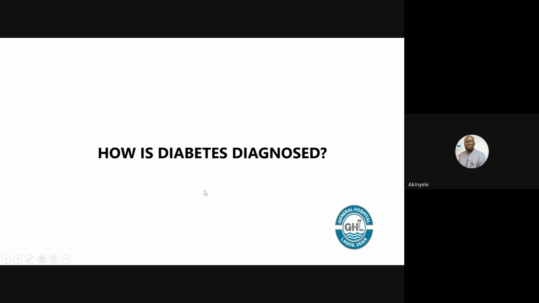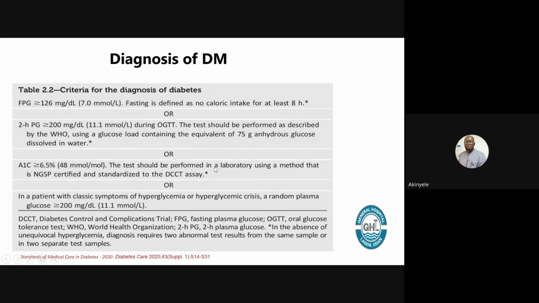So how is diabetes diagnosed? The criteria for diagnosis have been standardized such that with your glucometer, you can make a diagnosis. But the standard test for making the diagnosis is the oral glucose tolerance test, where the patient, after checking the fasting blood glucose, is given a standardized glucose drink, which is 75 grams of glucose. Then you check the blood glucose 2 hours later.